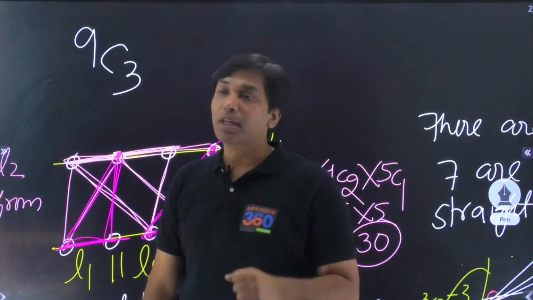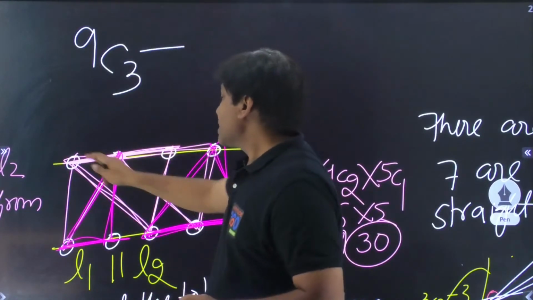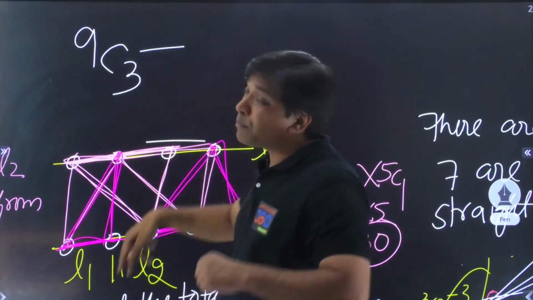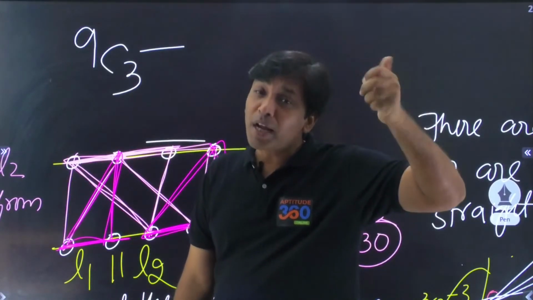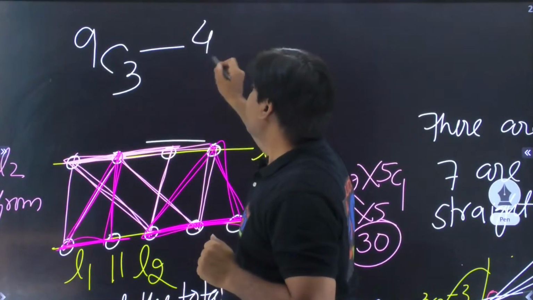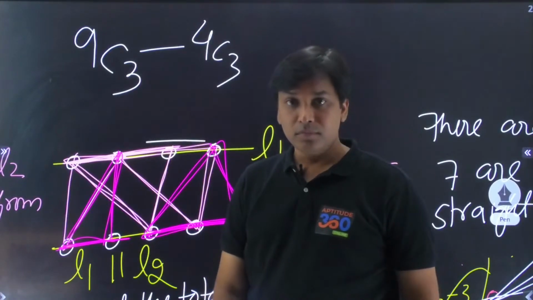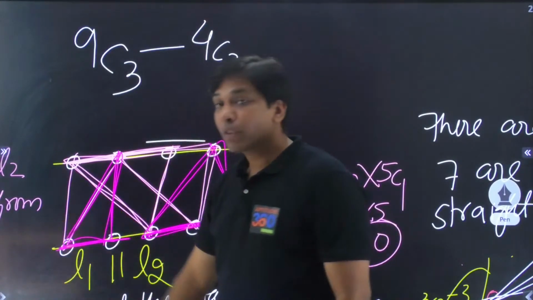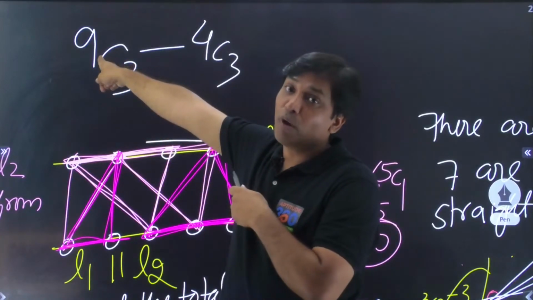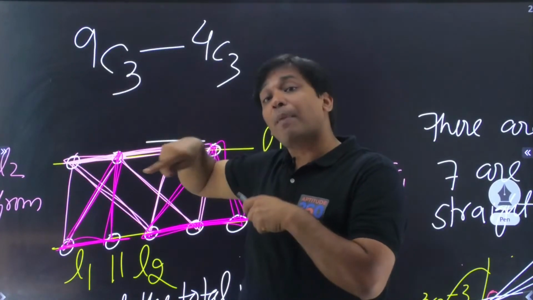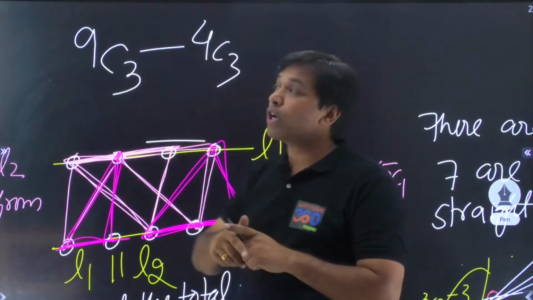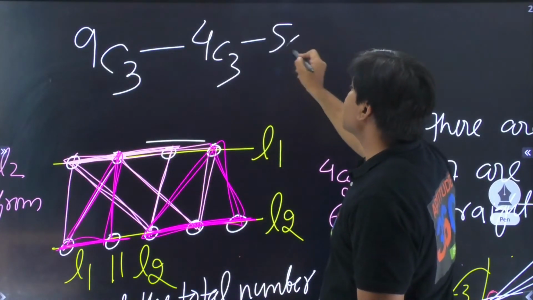But since these 4 points are lying on L1, the total number of triangles they could have formed had they been non-collinear, अब तो वो नहीं हो सकता, तो यहां से क्या करेंगे? ये 4C3 सब्ट्रैक्ट कर देंगे. The similar is over here. भाई ये 5 के 5 पॉइंट का जो ट्राइंगल है वो हमने यहाँ पे काउंट करके रखा हुआ है, बट क्योंकि वो 5 के 5 पॉइंट कोलिनियर है, इसलिए जो नंबर ऑफ पॉसिबिलिटीज हो सकती थी अब वो नहीं होगी, तो मैं बोलूंगा ये -5C3 कर दो.